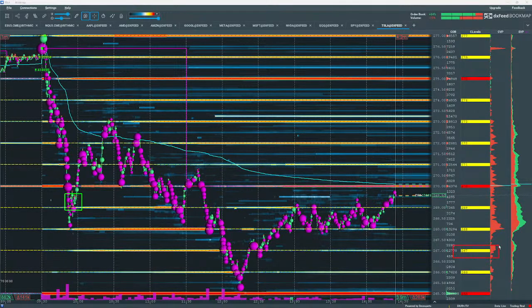$267 is the put wall. So price makes it almost down to the 265 level, the high liquidity at that level, and then reverses higher as options traders start taking positive delta positions.